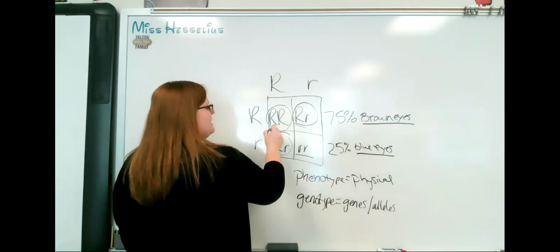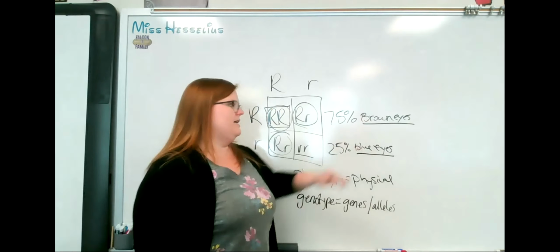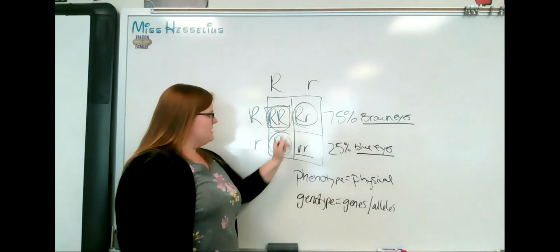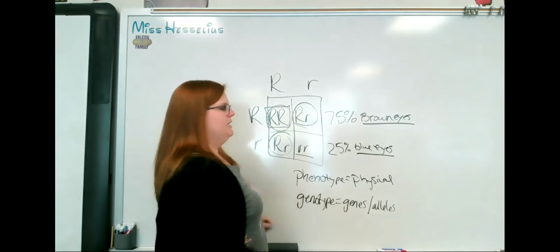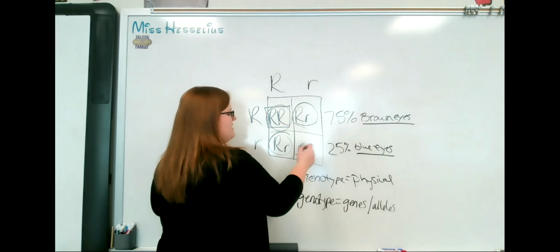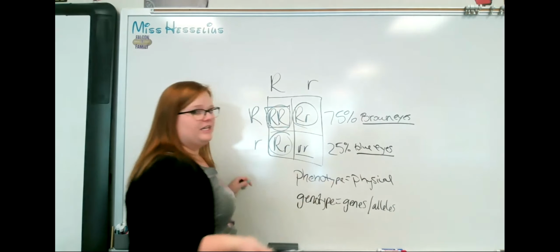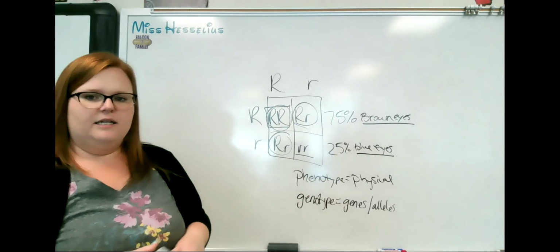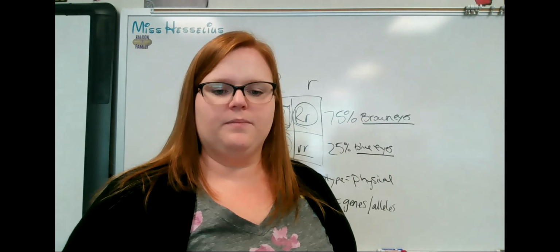So a homozygous dominant genotype gives me brown eyes, but a heterozygous genotype also gives you brown eyes. Only homozygous recessive genotypes give you the recessive phenotype, all right? There's a lot of vocab in this unit that you have to remember.